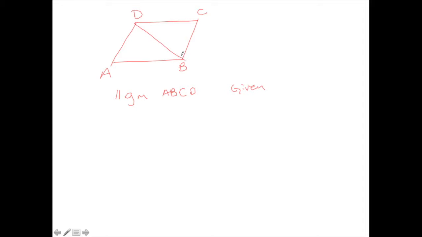Let us briefly show that the opposite sides of a parallelogram are congruent. So we're given parallelogram ABCD. Let us simply draw a line segment, or diagonal, BD.